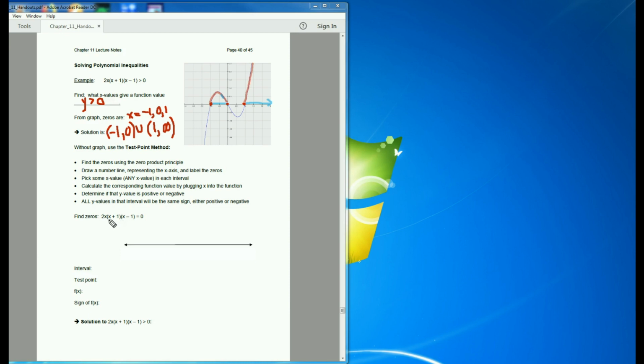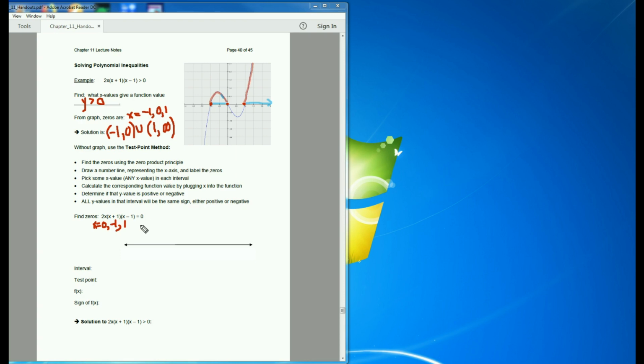If 2x times x plus 1 times x minus 1 equals 0, then either 2x equals 0, which means x equals 0, or x plus 1 equals 0, which means that x equals -1, or x minus 1 equals 0, which means that x equals 1. So that's just finding the zeros analytically.